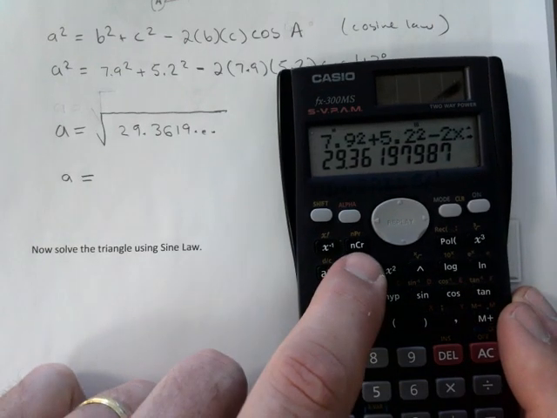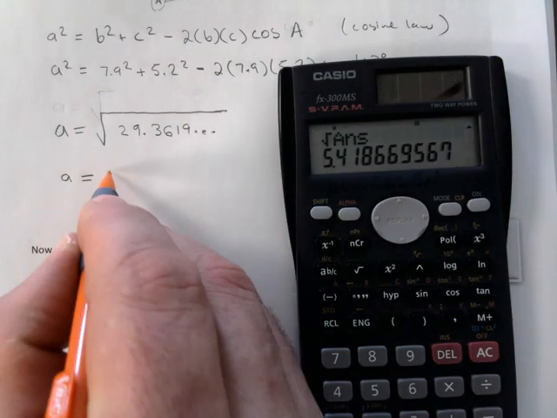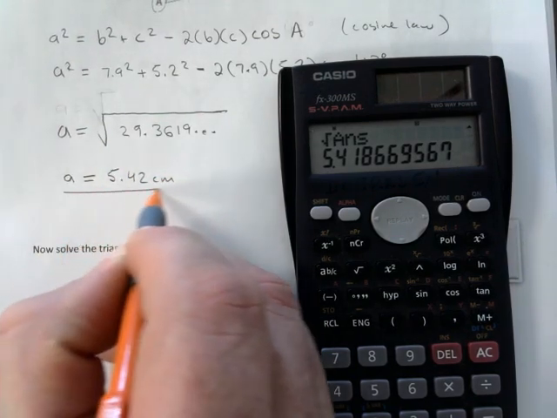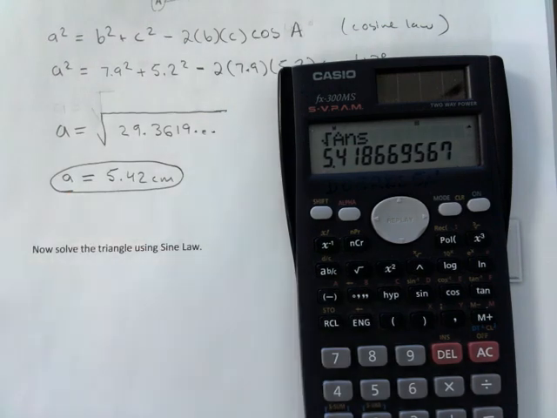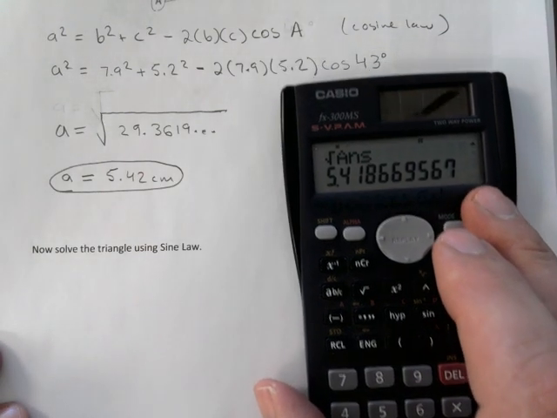I can just press the square root button, hit equals, and it will give me 5.42. There we go. Go ahead. You just figured out how to find that side. I walked you through it.